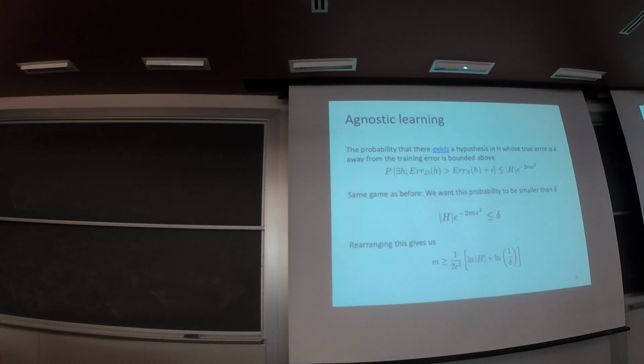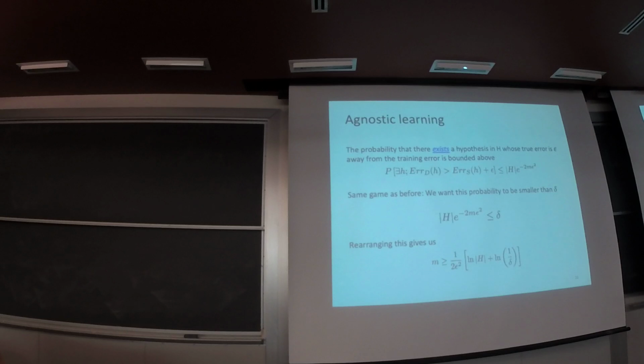So now, from agnostic learning, we can claim that the probability that there exists a hypothesis in the hypothesis space chosen by our learning algorithm, whose true error is epsilon away from the training error, is bounded by this. And now we can play the same game as before. We want this probability to be as small as possible.